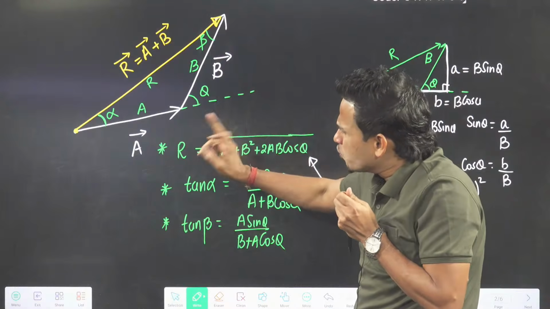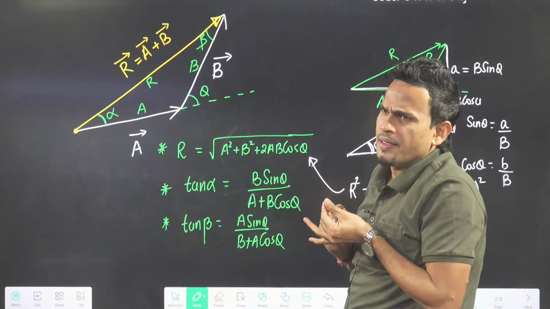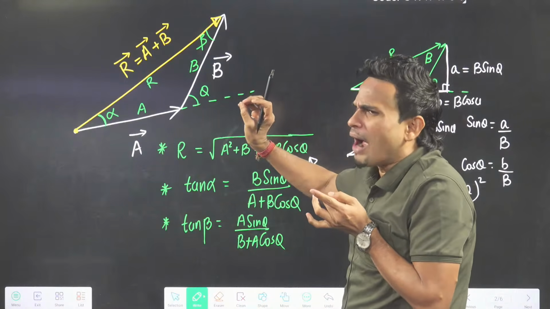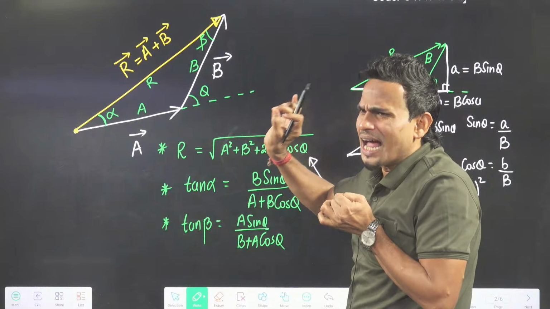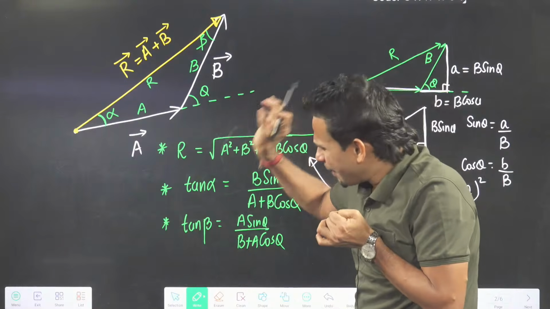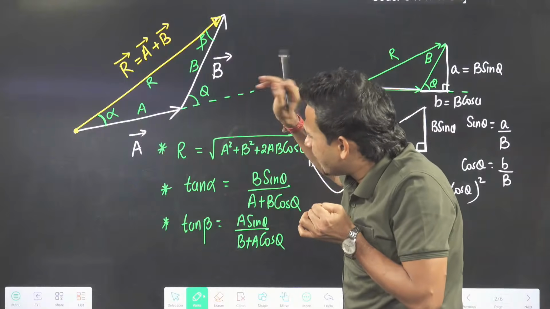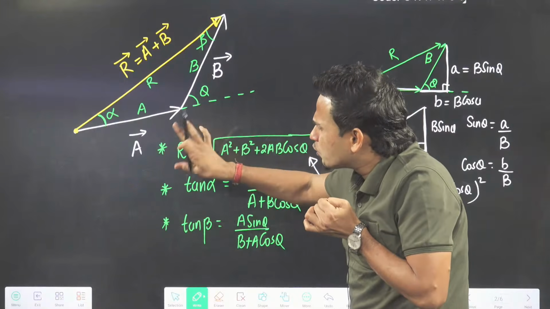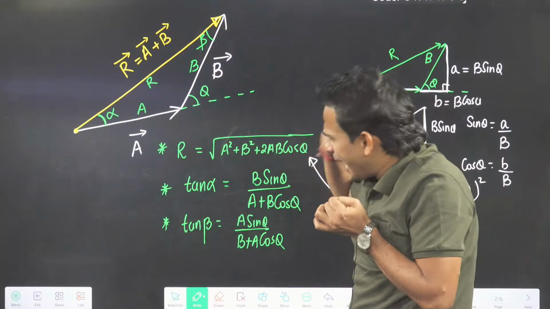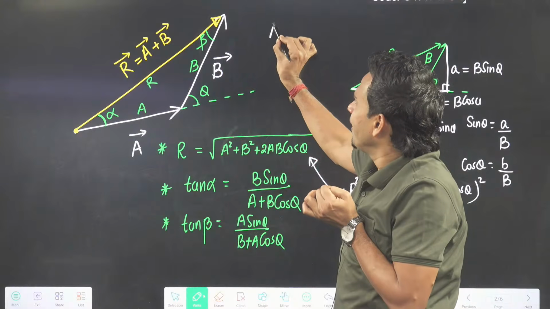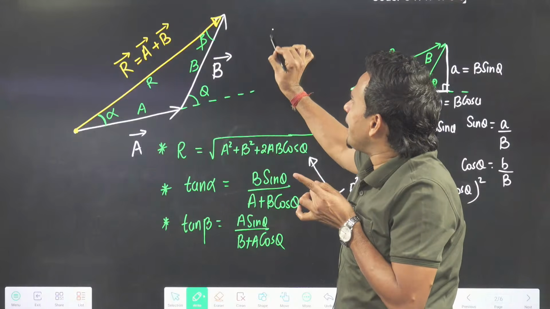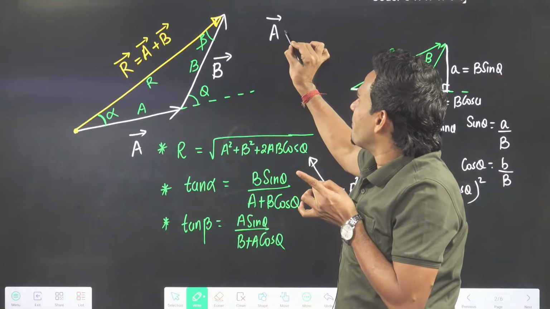He said the angle between them is theta, but he did not ask me to add them. He asked me to subtract them. He asked me to find A bar minus B bar.